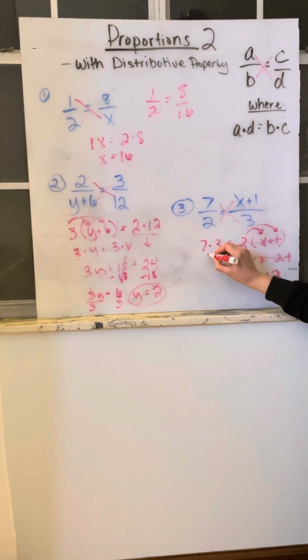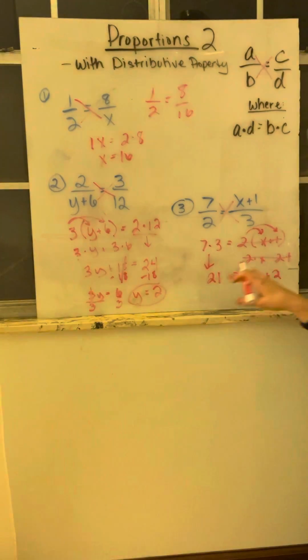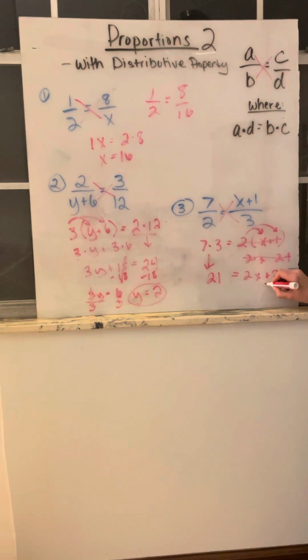Now, it's still just a two-step equation, right? Except my variable term is on the right side now. So instead of moving things from here to here, we're going to move things over here because we want to get x by itself. So it's 2x plus 2, so I need to get rid of that plus 2 first. So I'm going to subtract 2 from both sides.